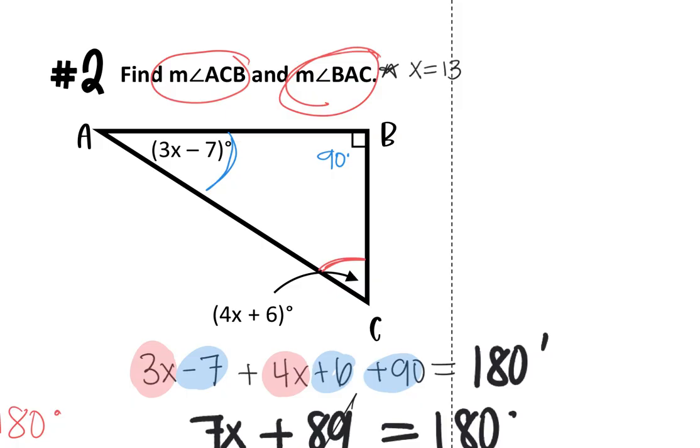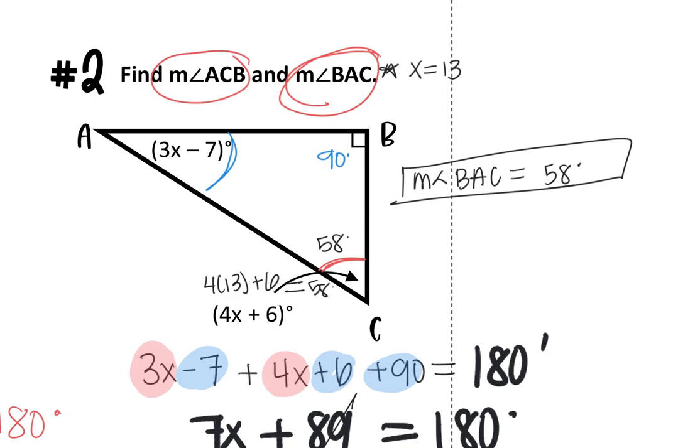Take out x, plug in 13. So 4 times 13 plus 6. Again, use your calculator as much as you can. But when you do this, you should get 58 degrees. So this angle is 58 degrees. So the measure of angle BAC is 58 degrees.